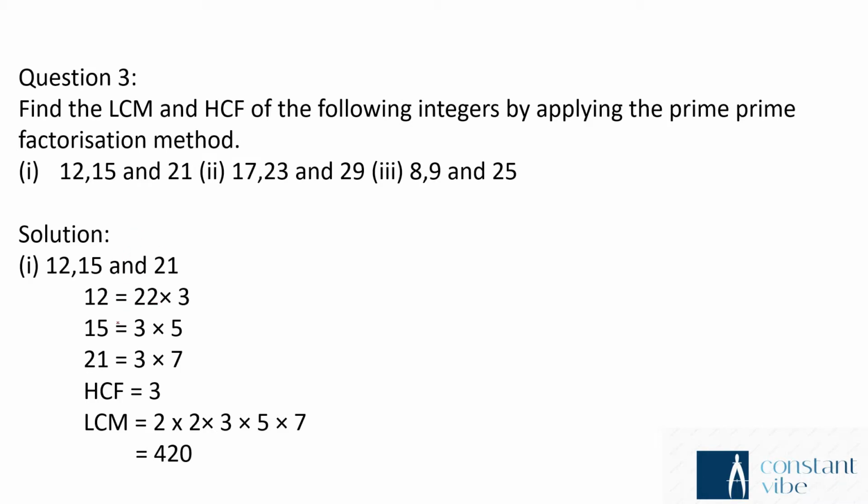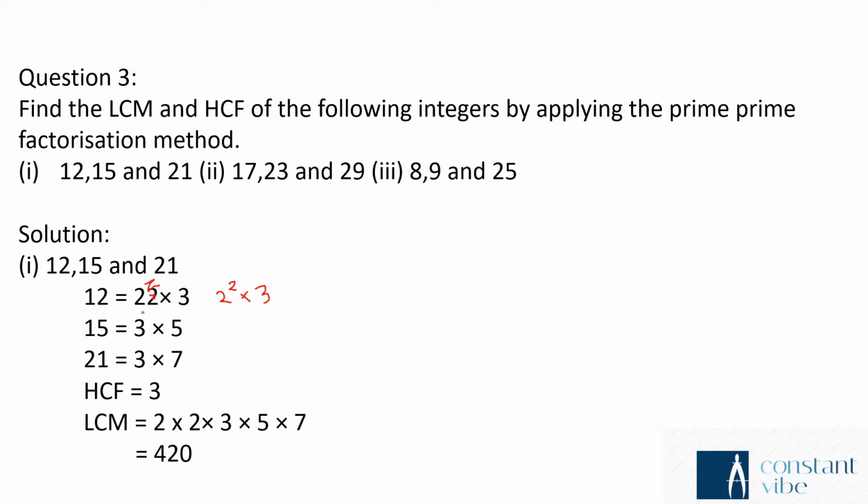Factorization: 12 is 2 to the power of 2 into 3. Sorry, 2 into 2 is 4, and 4 into 3 is 12, and 3 into 5 is 15, and 21 is equal to 3 into 7.